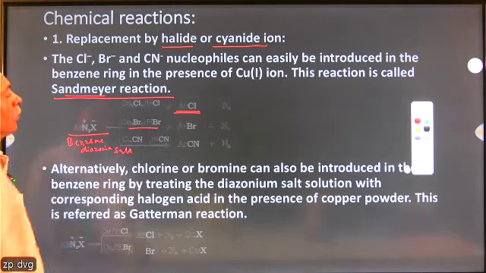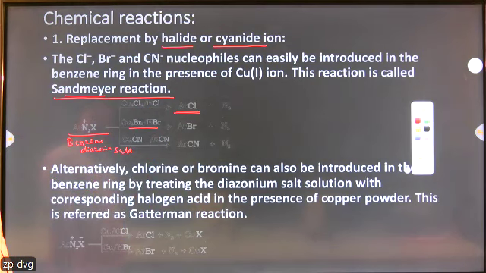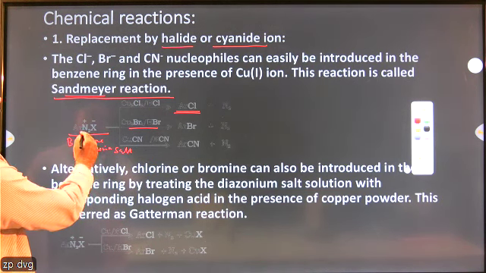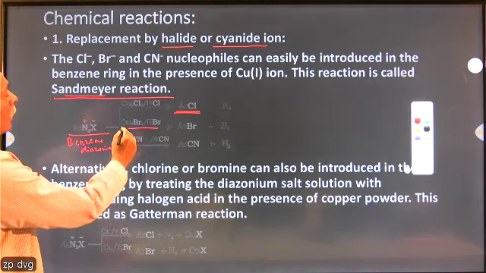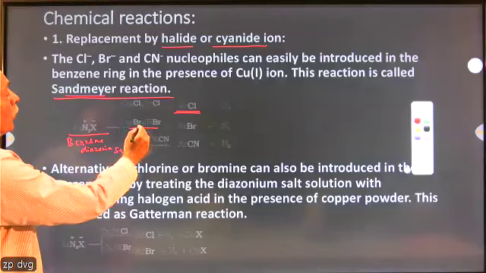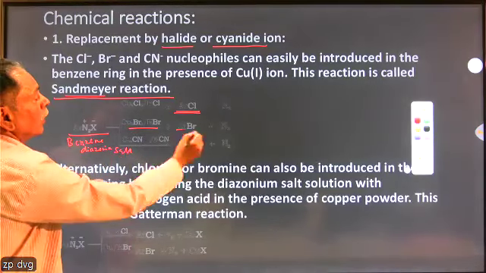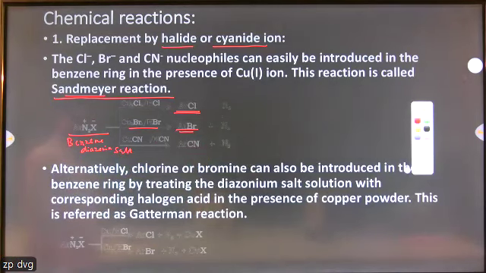Similarly, bromine can also be introduced into the benzene ring using ArN2+ X− in the presence of Cu2Br2 and HBr, giving you ArBr. This is also called the Sandmeyer reaction.